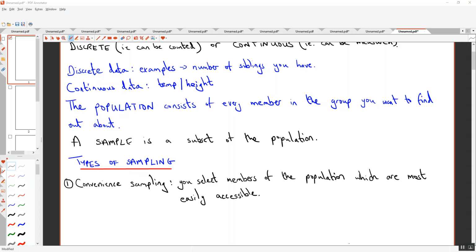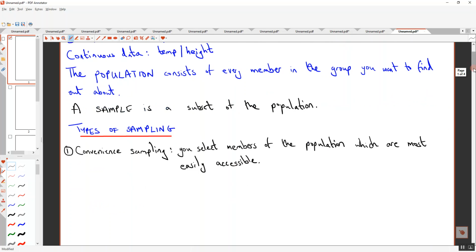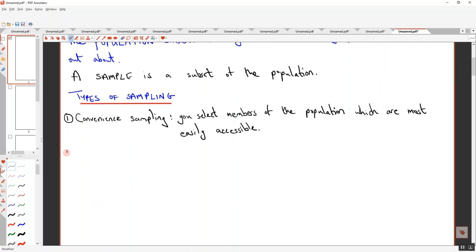It's just whatever is easiest to select members of that population. Easy enough to understand that one? All right, good. The next one is simple random sampling, very original name.